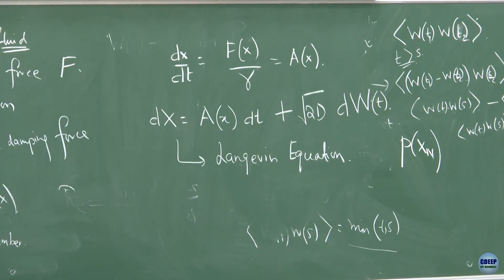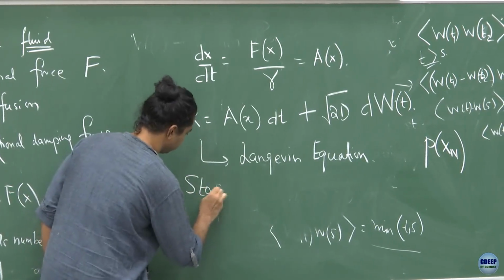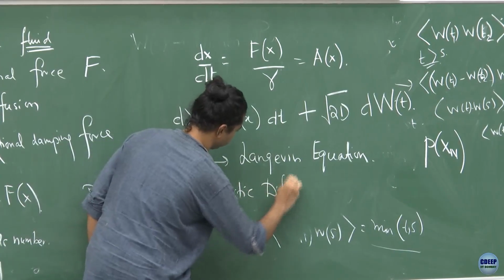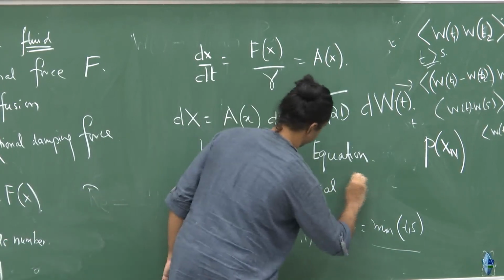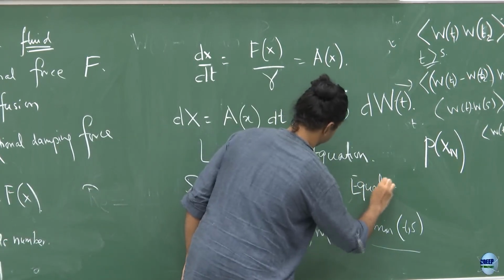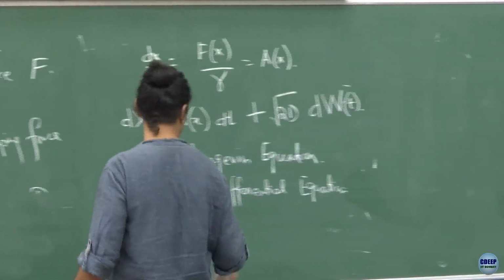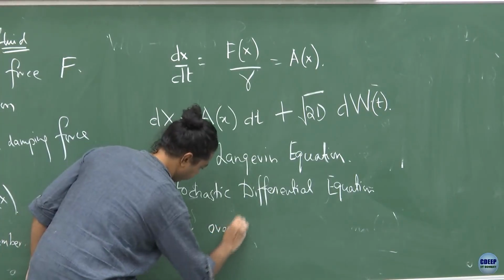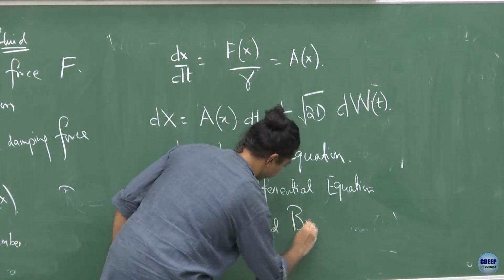So, this is the stochastic differential equation for overdamped Brownian motion.